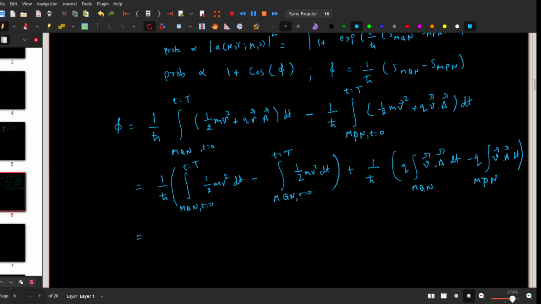We will not go into the calculation of this contribution coming from the kinetic energy term in the Lagrangian.